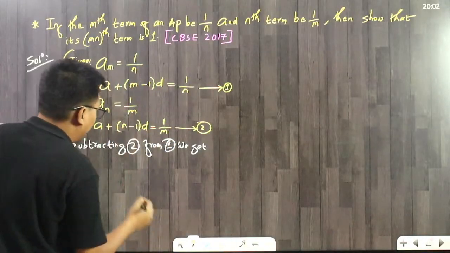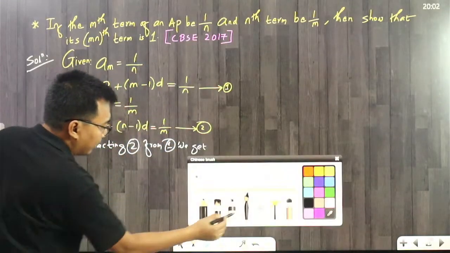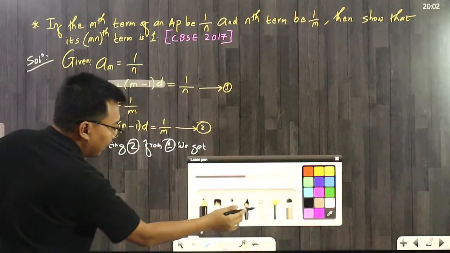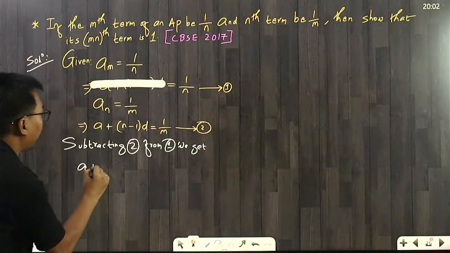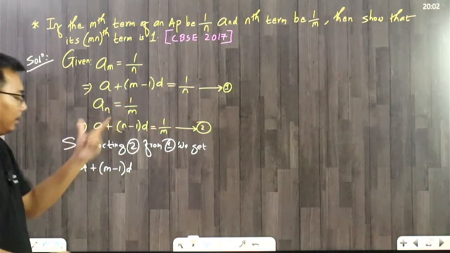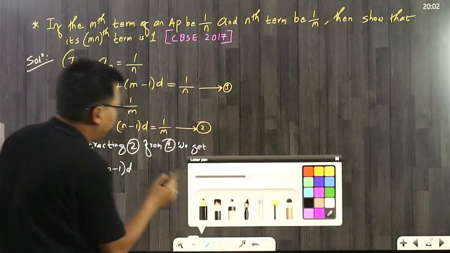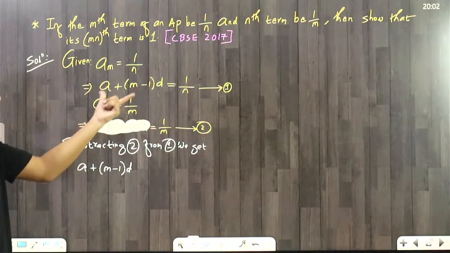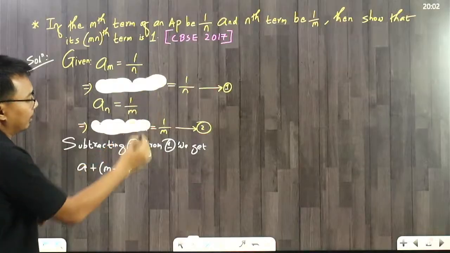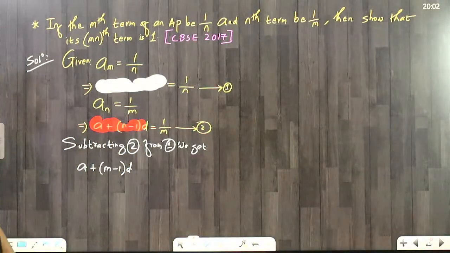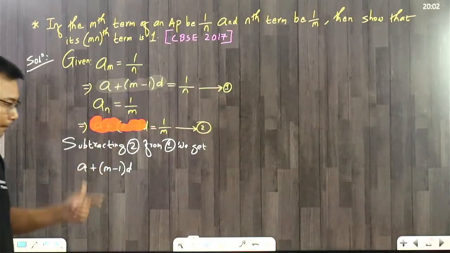Let's take the left hand side. Just observe what's in our left hand side. Equation 1's left hand side is a plus m minus 1 d. Minus equation 2's left hand side.